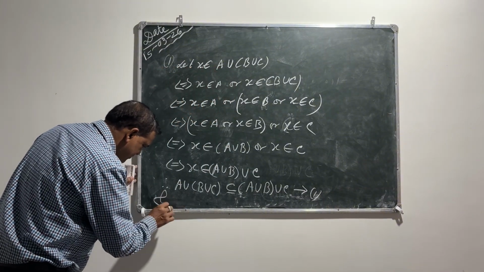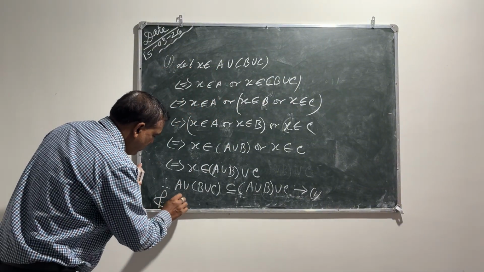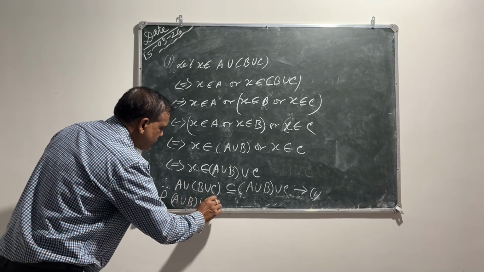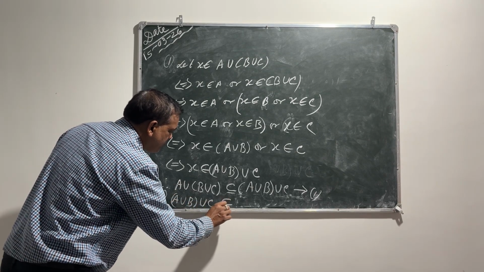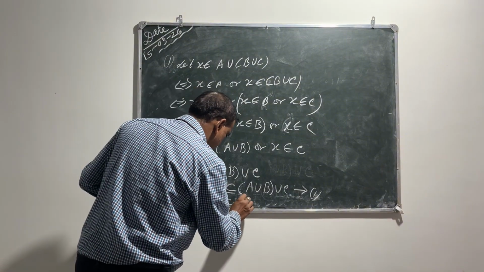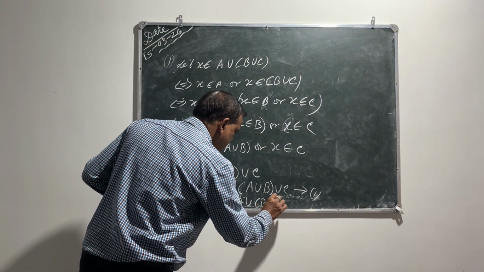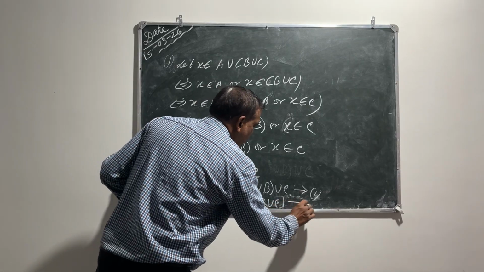And A union B union C will be subset of A union B union C. Number 2.